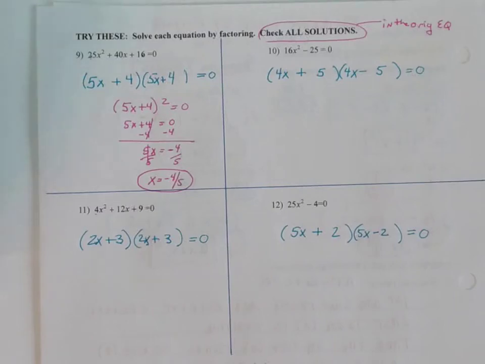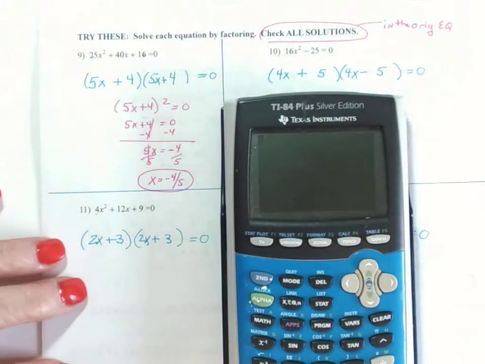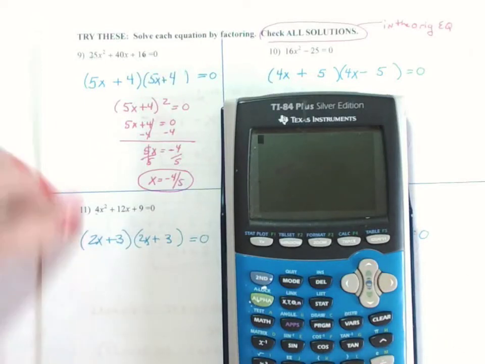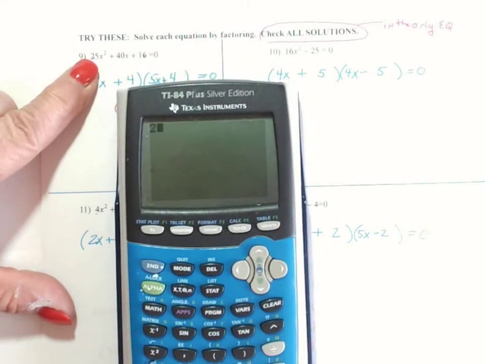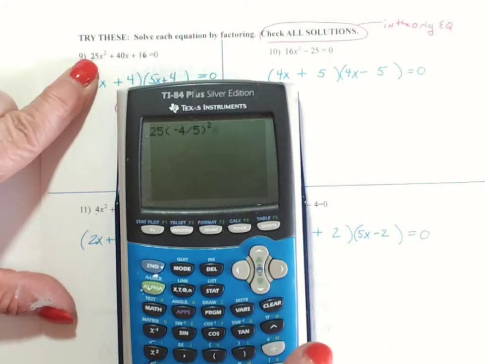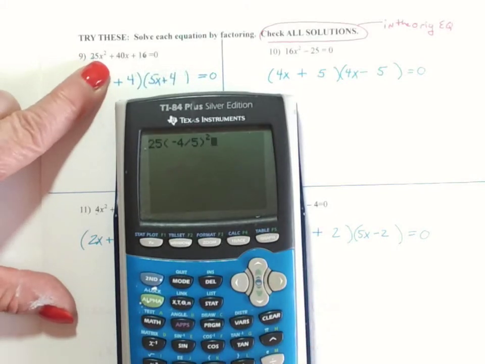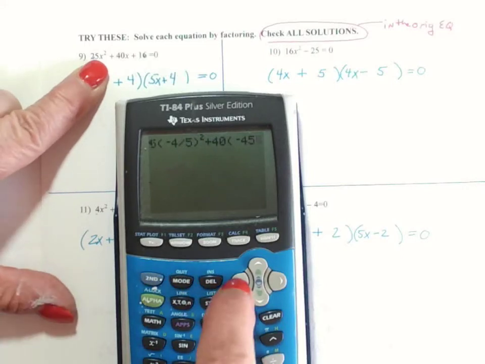All right, so I'm going to work on this one with you. So here I'm going to go to my original equation. 25, I'm going to use parentheses because I have to put in negative 4/5. That is squared plus 40 times negative 4/5.